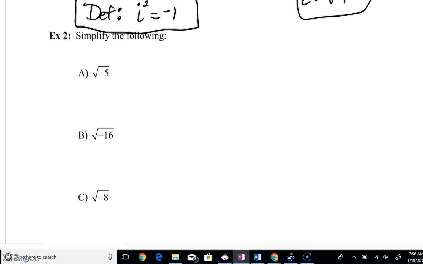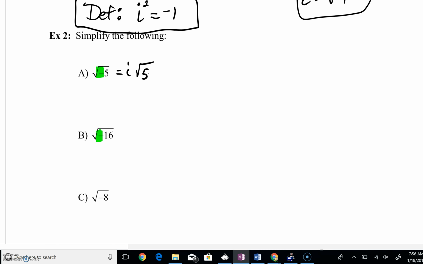If you know this, these problems are actually going to become routine. It looks really complicated, it's really not. You see a negative inside of a square root, take out an i. If you see a negative inside of a square root, plain and simple, take out an i, and then see if you can break down your radical.